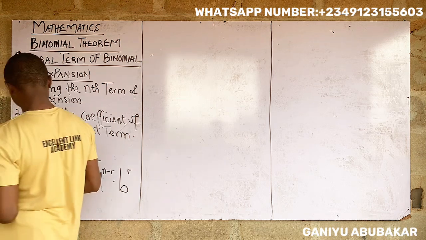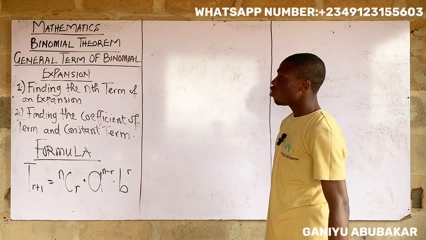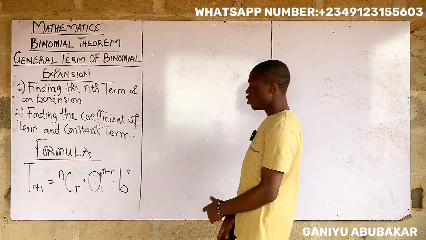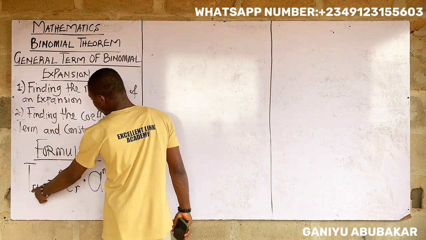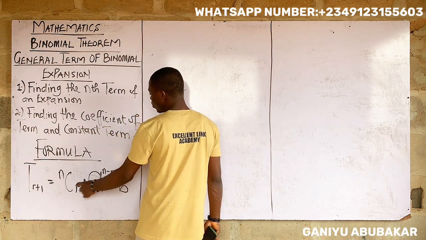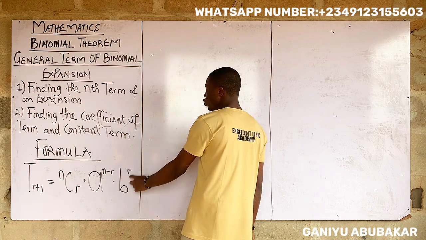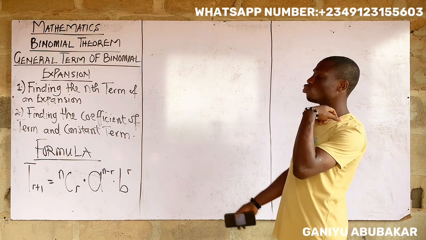So note that when it comes to solving problems under finding the nth term of an expansion or the coefficient of a term in an expansion, we use this formula. T is the term, so T_(r+1) equals n combination r times a to power n minus r times b to power r. So let's now see how you can solve problems with these two concepts.